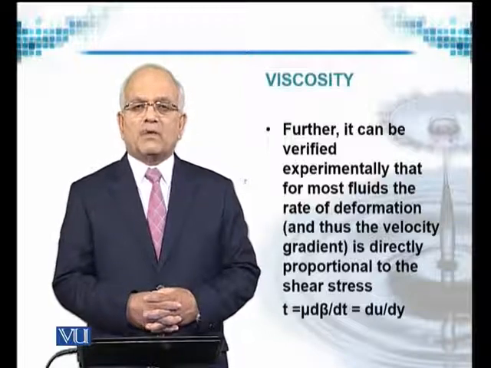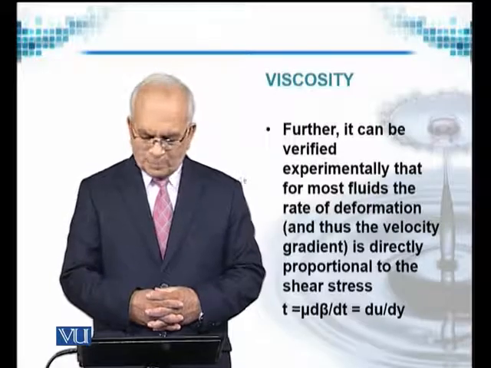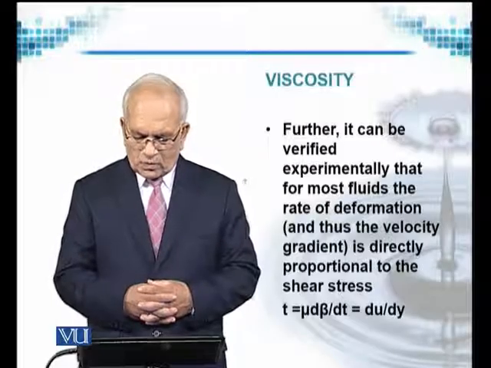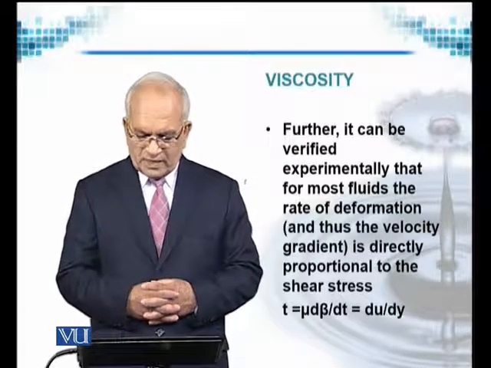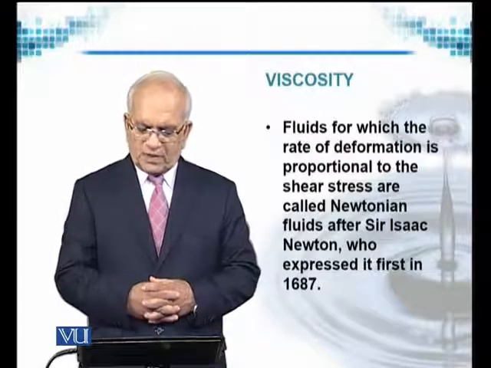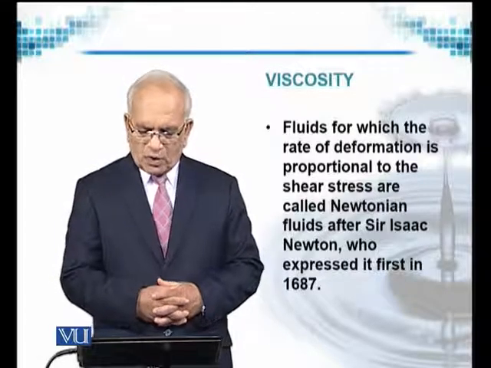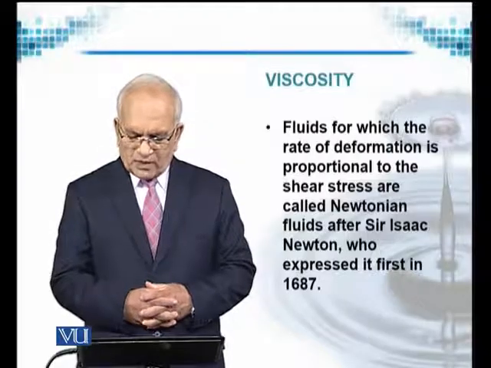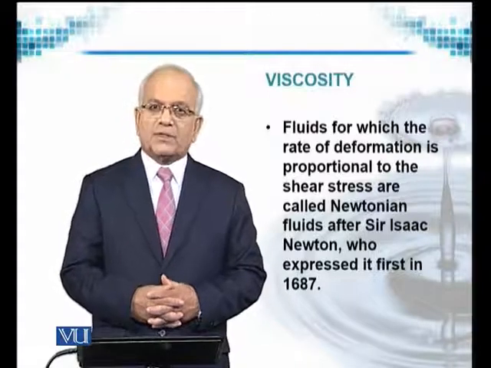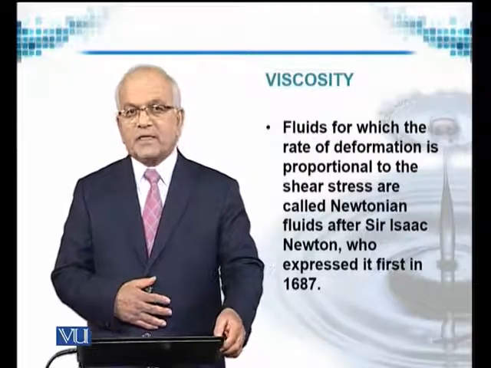So if we denote shear stress by tau, this is the notation, then tau is equal to mu into d beta by dt equals du by dy. Fluids for which the rate of deformation is proportional to the shear stress are called Newtonian fluids, after Sir Isaac Newton, who actually first described it as early as 1687.